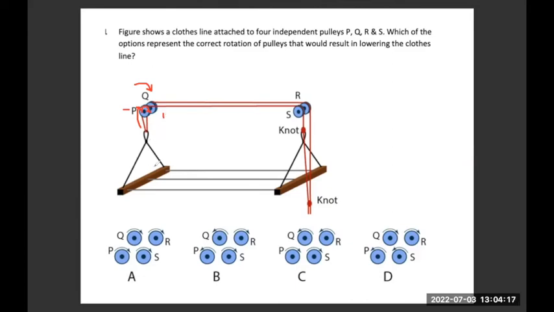It's not coming down. क्या होगा तो फिर? Anti-clockwise. It will be anti-clockwise. Figure out like this. एक pulley लो and then figure thing out like this. So it will be anti-clockwise.